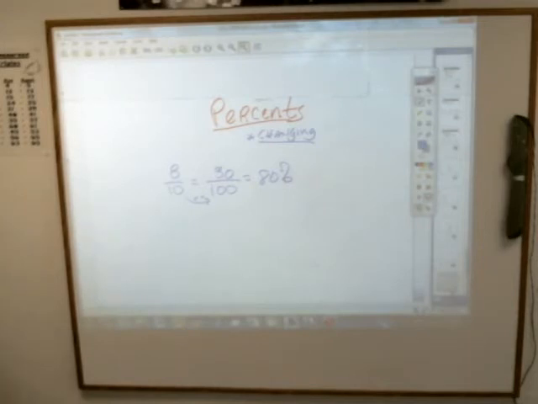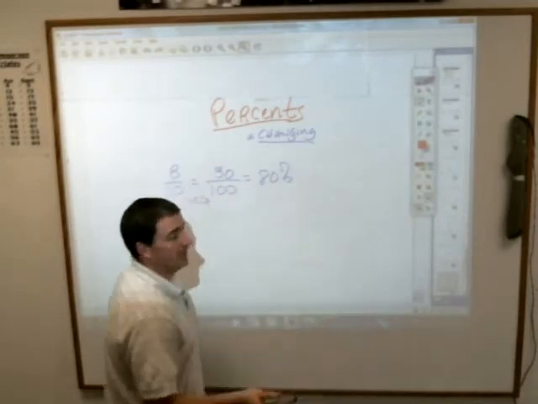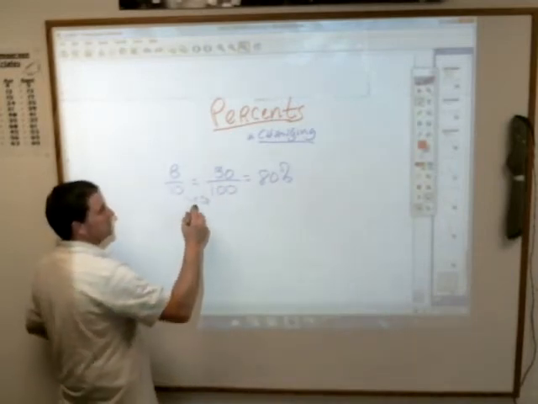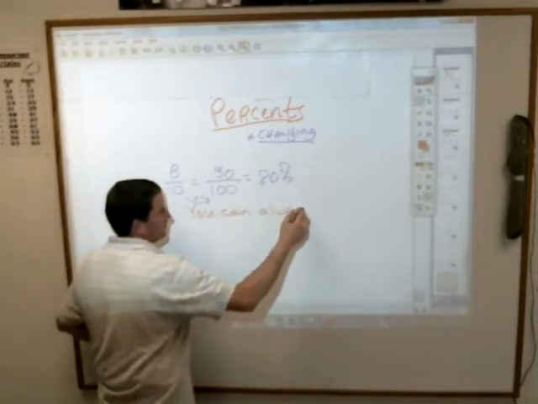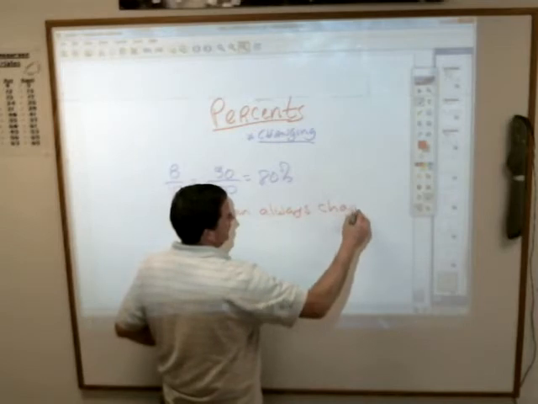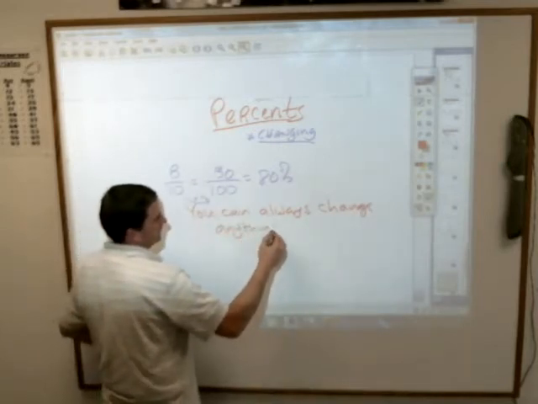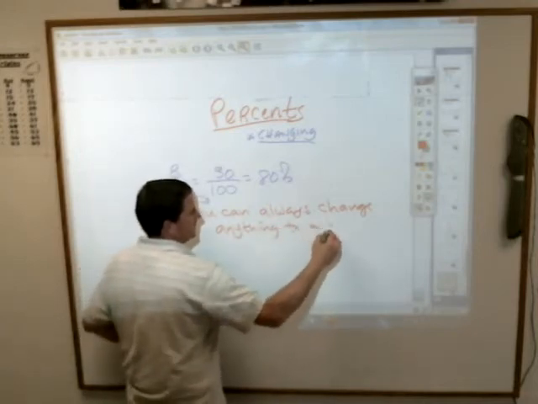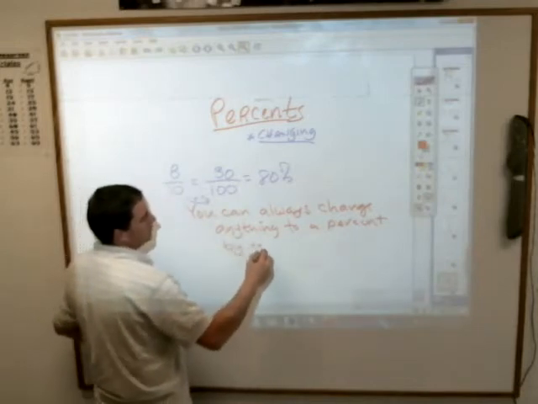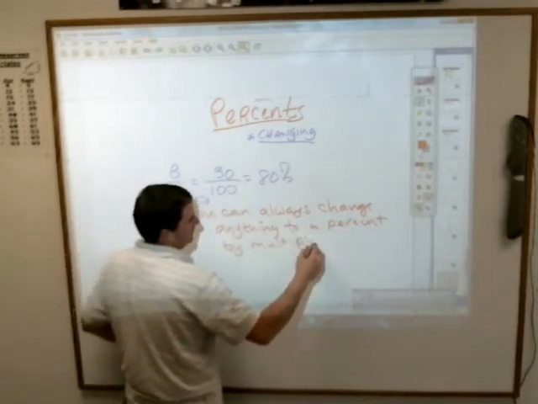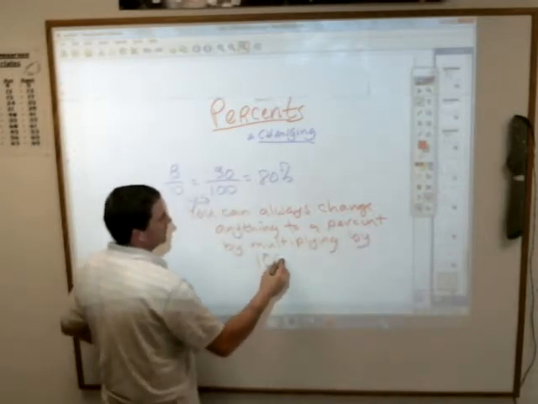There's a couple other ways, and today we're going to talk about a new way, and I want you to write this in big letters because this way always works for anything. Okay, write this down. You can always change anything to a percent by multiplying by 100%.